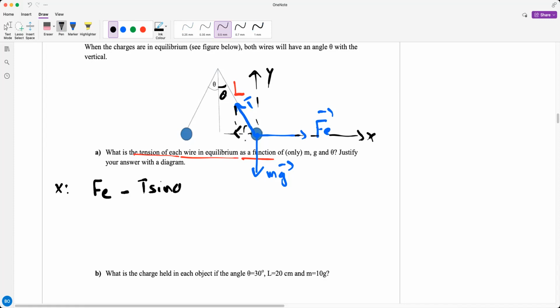So this is the projection of T along the x-axis, T sine theta, and it is equal to 0 because the object is not moving. So there is no acceleration. This is along the x-axis.